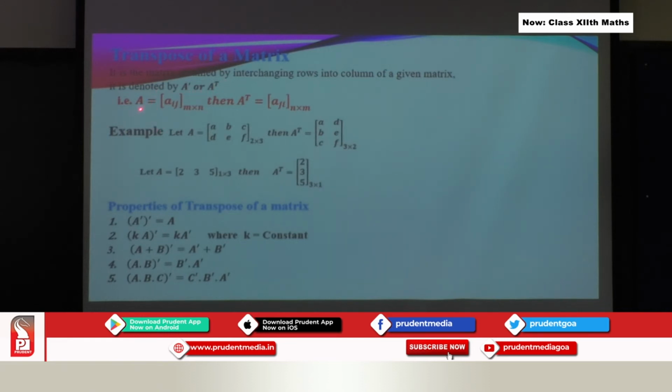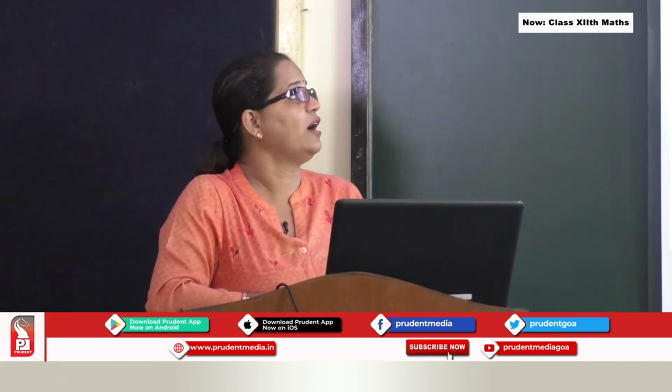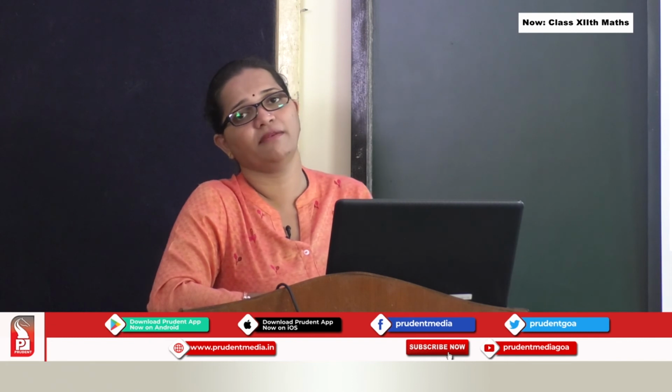Okay. So over here, see how you write A equals, this is your original matrix. I am finding the transpose of it. So what will happen? The number of rows will become the number of columns and the number of columns will become the number of rows. So over here m cross n will now change to n cross m. This is very, very important.